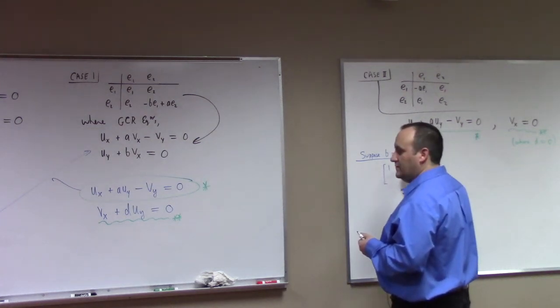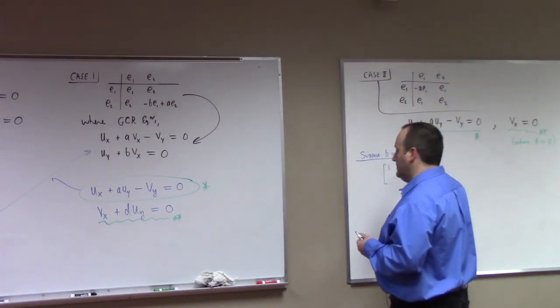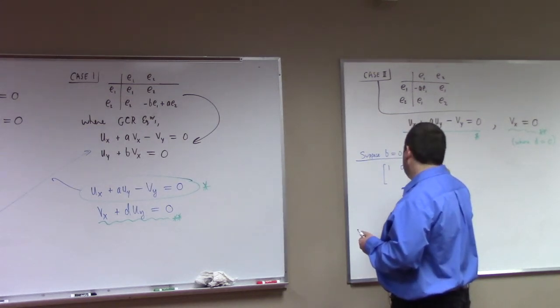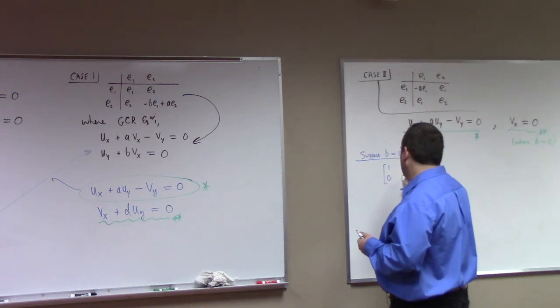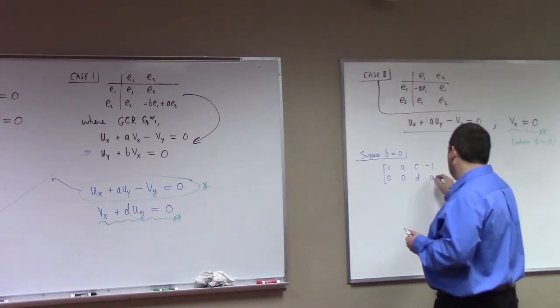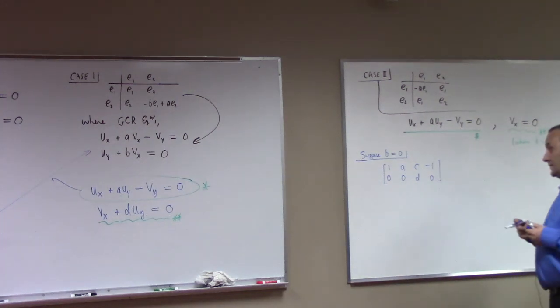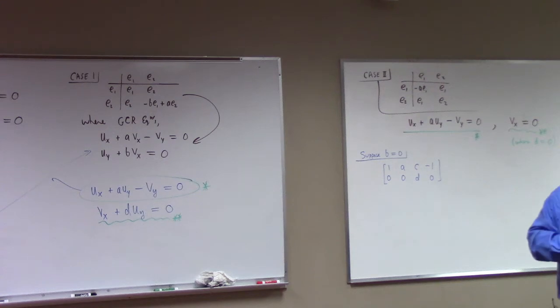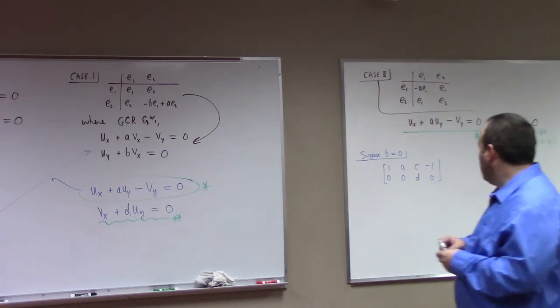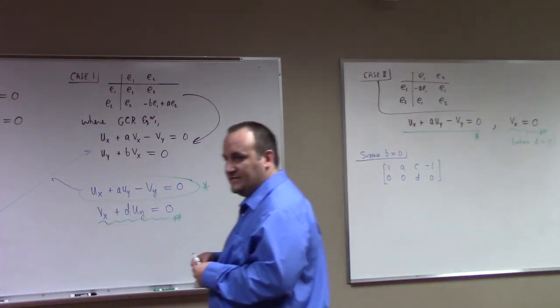We've got 1, A, C, minus 1, 0, 0, D, 0, right? What do we need in this case then? We must have D is what?